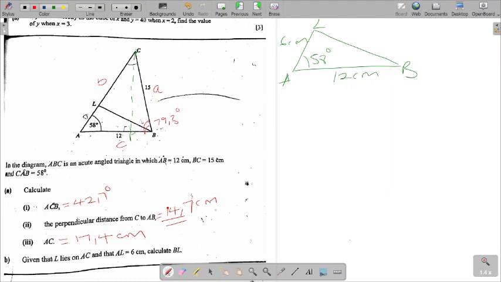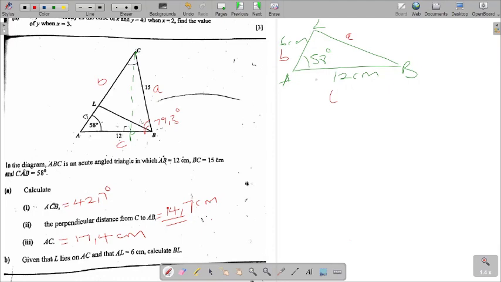So I split this triangle from the diagram. So our triangle here is AL, LB. So to find BL, like I said, here is side A, here we have L, and here we have B. So in this case we have L, we don't have C. You can use any letters.